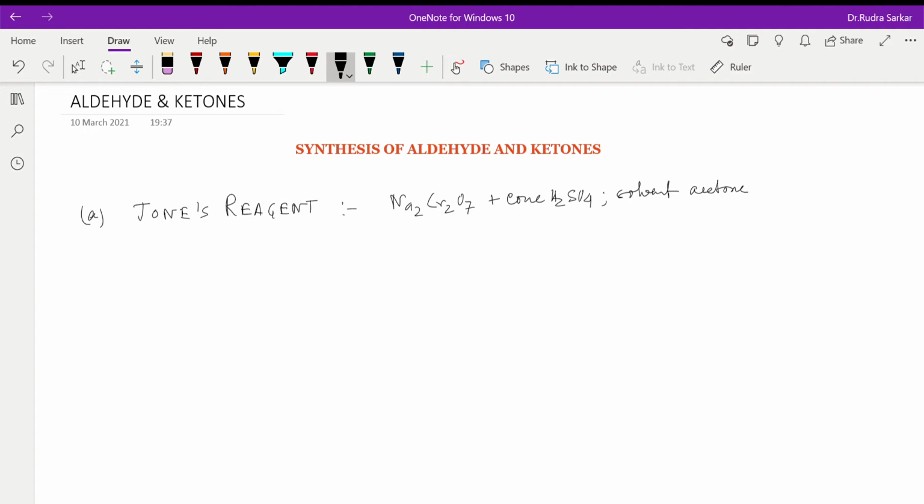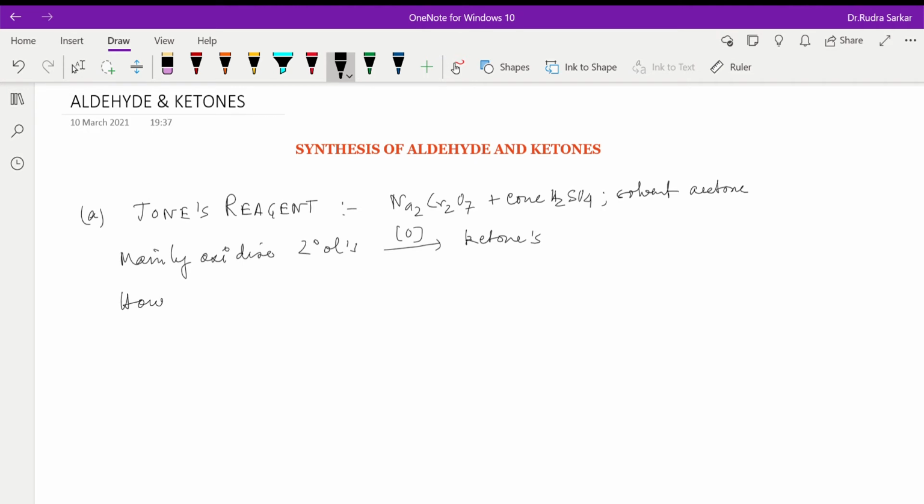Okay, so it is used to mainly oxidize 2-degree alcohols to ketones.